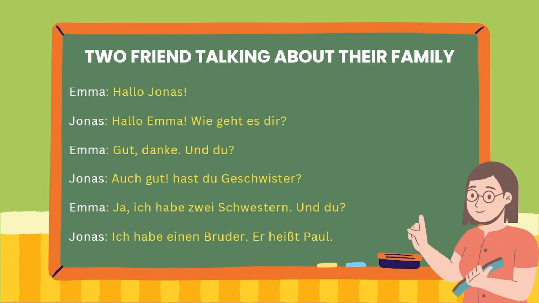To that Emma replies, "Ja, ich habe zwei Schwestern und du?" So Emma says basically, "Yeah, I have two sisters. And you, Johannes?" Johannes says, "Ich habe einen Bruder, er heißt Paul." So Johannes says, "I have one brother and his name is Paul."